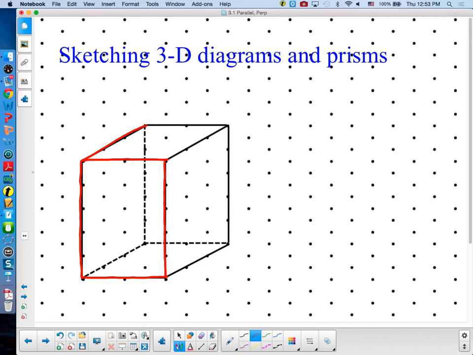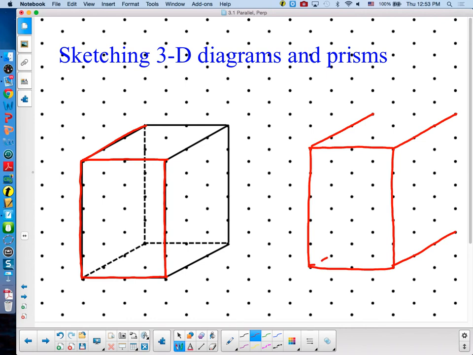Okay? So if you've got the front of the box, maybe I could go over here. 1, 2, 3, 2 this way. 5. Okay, so there was my front of the box. Now I'm going on the diagonals, 3 spaces, 3 spaces, 3 spaces.